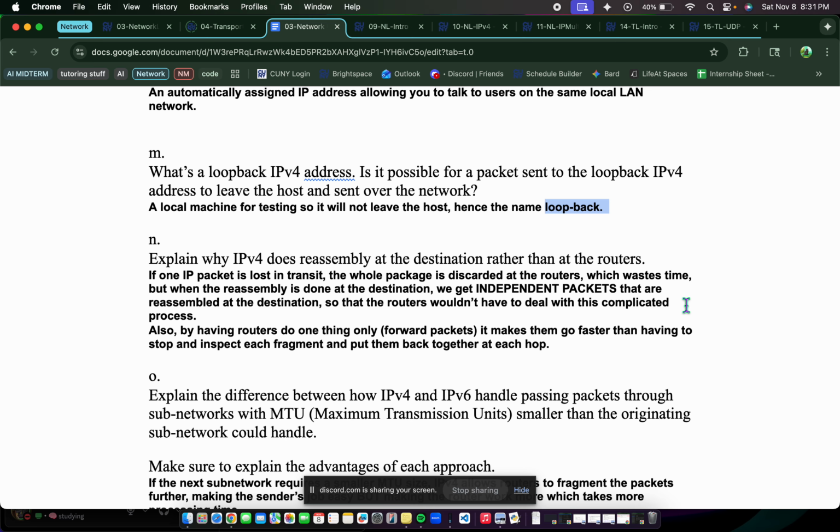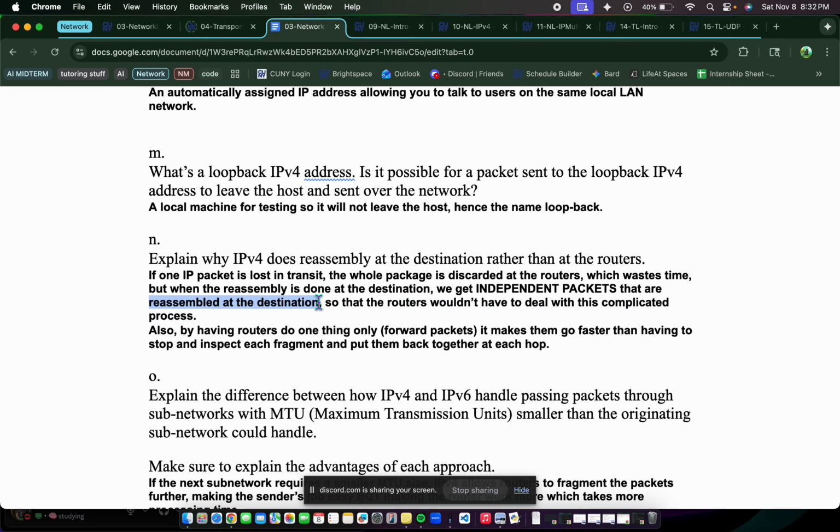So if we just continue the process and push it to the next layer, and the next layer, we end up with what's called independent packets, which are reassembled at the destination.